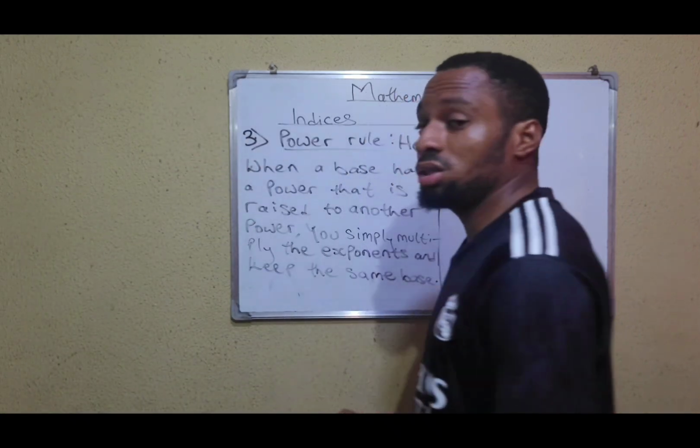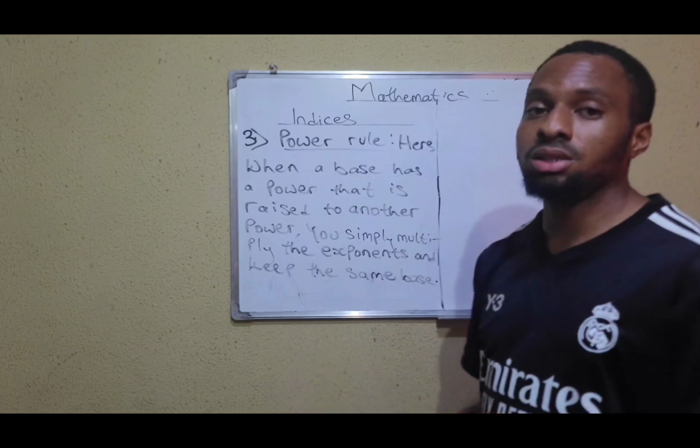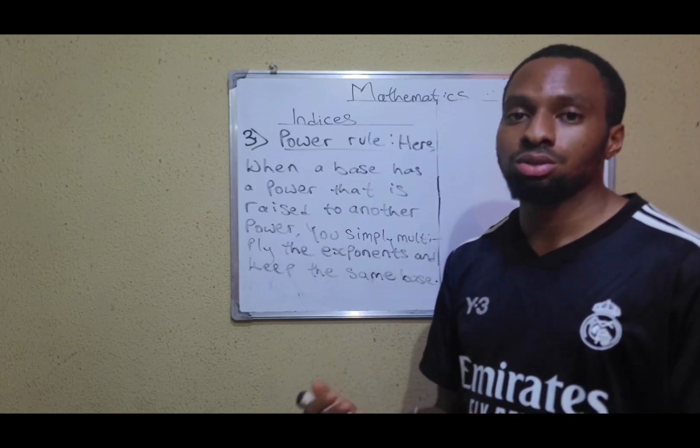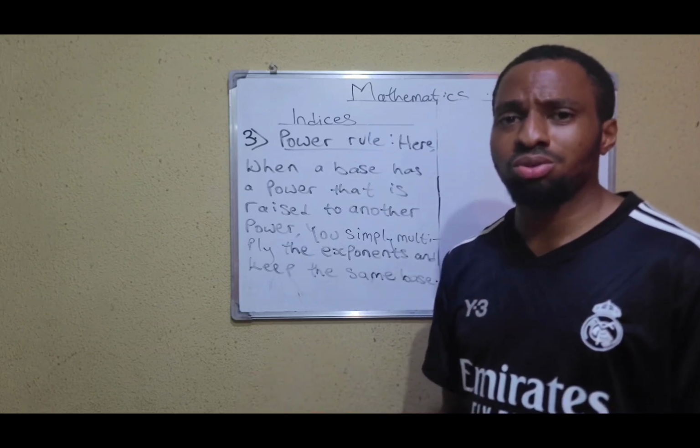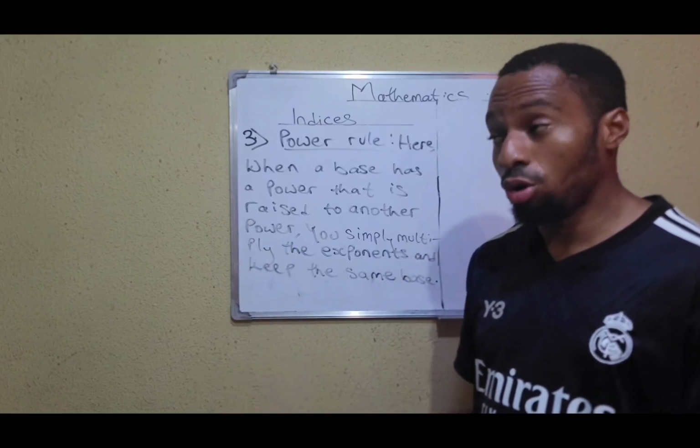Yes, this is quite simple. In indices, in the power rule, when a base has a power that is raised to another power, what do you do? You pick the same base and multiply their exponents or powers.